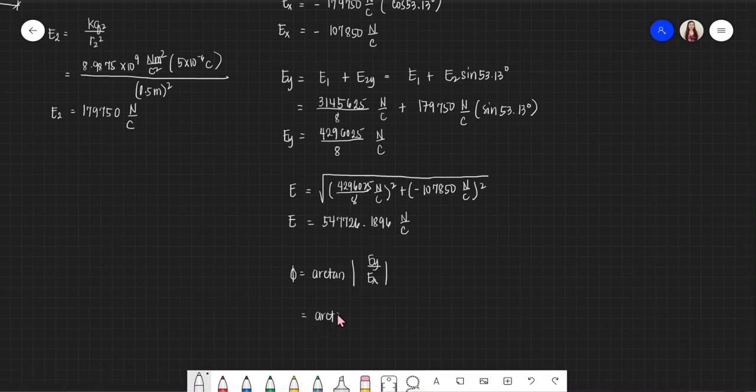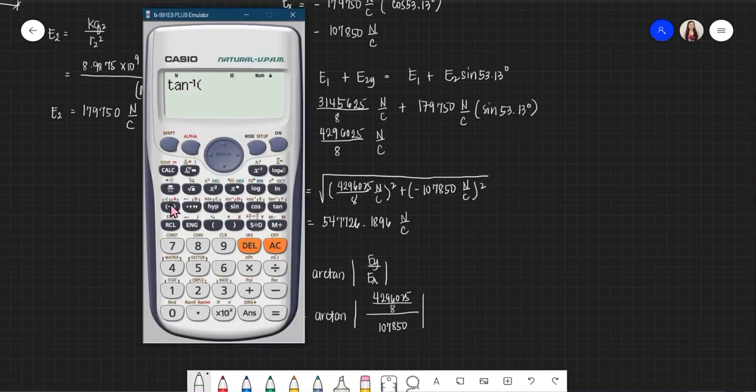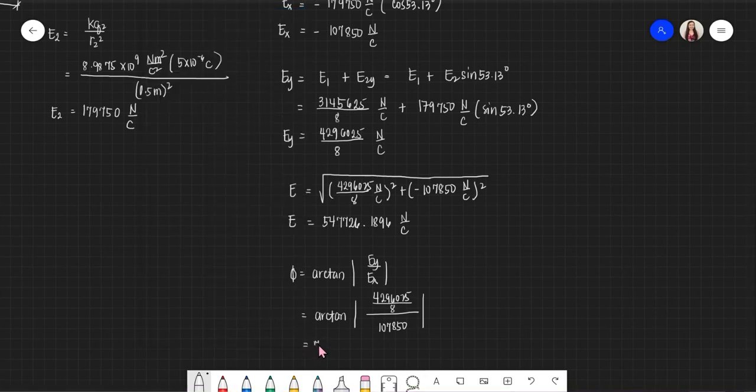So that's the arctangent of 4296025 over 8 over 107850. That's 78.6440 degrees.